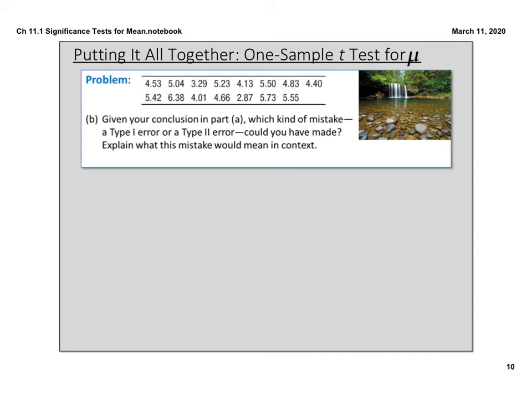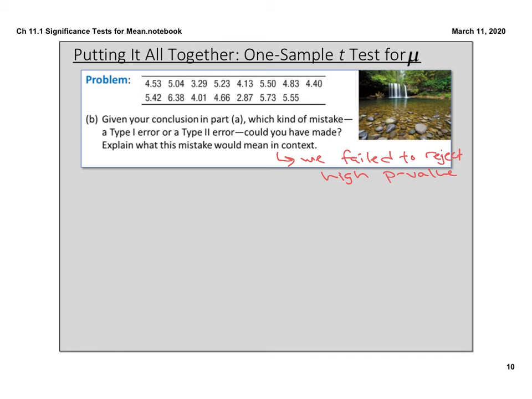So we failed to reject, which means we had a high p-value. When you have a high p-value, the type of error that you could have made is a type 2 error. That's how I remember those. Low p-value, type 1, lower error.